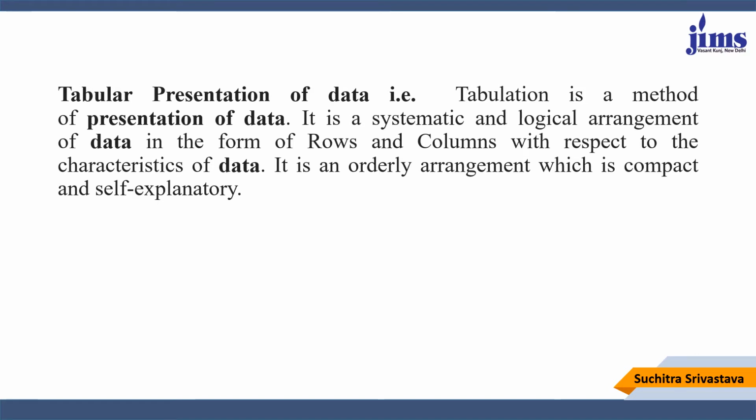You may recall that in the previous lecture we had categorized the weights of the students of the primary class into kilograms. Now, it says here that it is an orderly arrangement which is compact and self-explanatory.